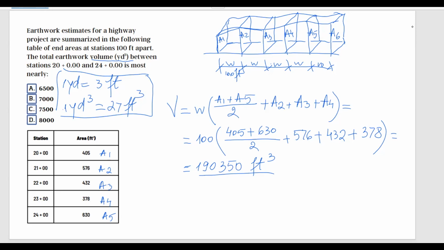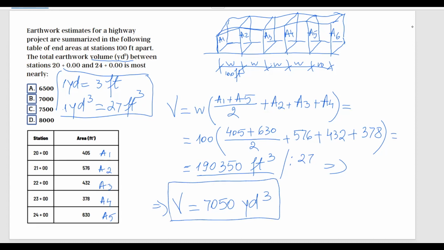So to transform from feet cubed to yards cubed, I just have to divide this by 27. And this results in a volume of 7,050 yards cubed. Looking at all the options here, it seems that B is the correct answer.